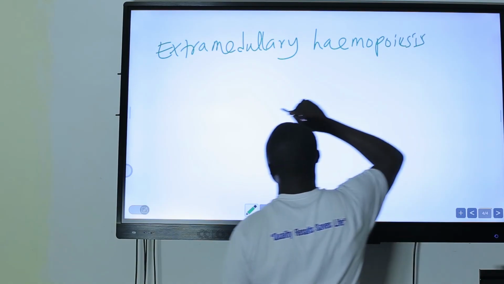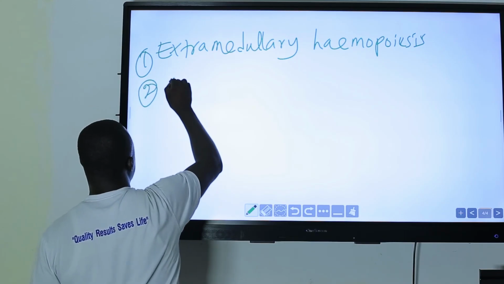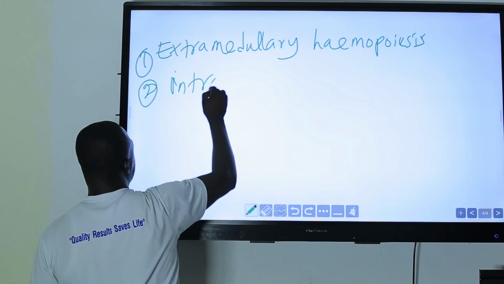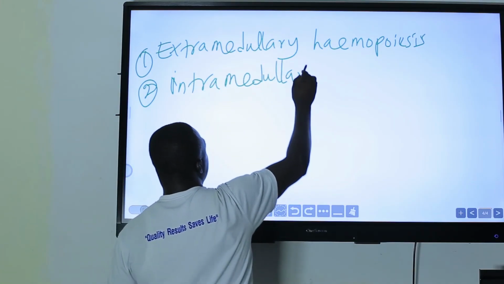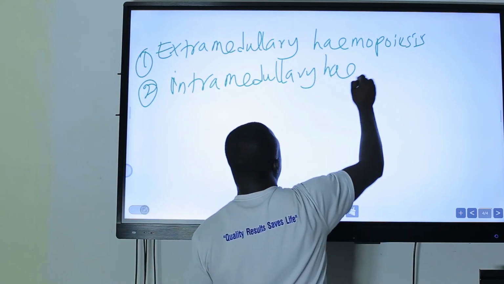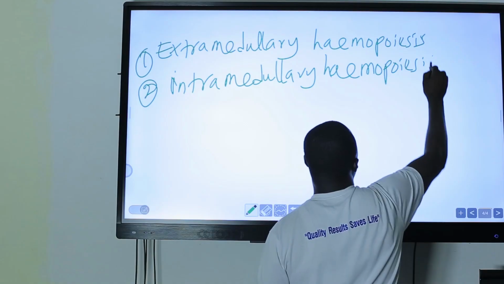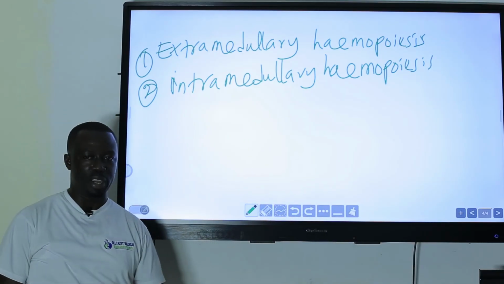And we also discussed hematopoiesis occurring inside the bone marrow, and inside means intra, so intramedullary hematopoiesis, which is also known as medullary hematopoiesis.